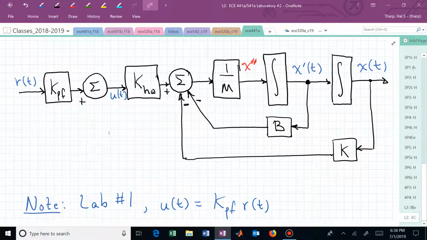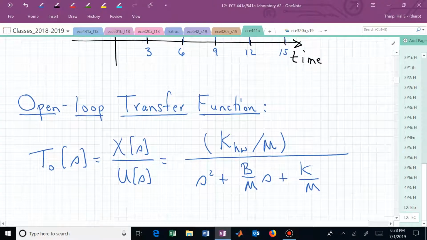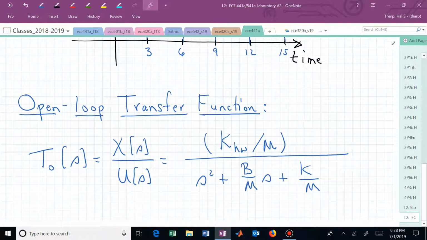That gives us the open loop transfer function of our system as a second order dynamic behavior determined by the denominator polynomial. The dynamics are influenced by the damping coefficient B and the spring constant K, and we have a numerator factor that is K hardware divided by the mass.